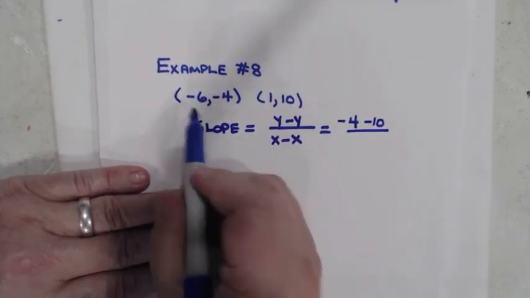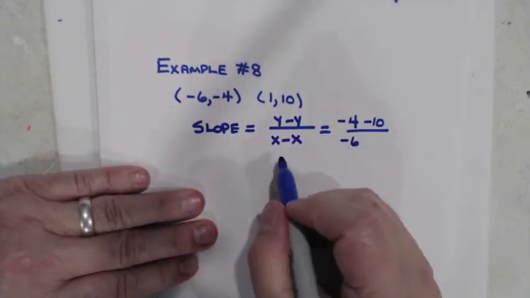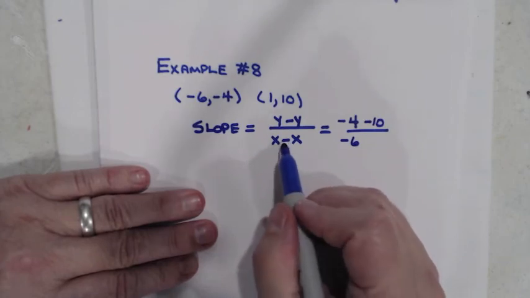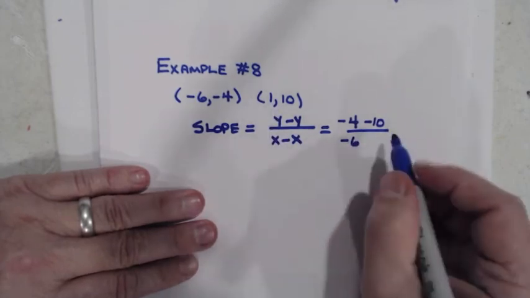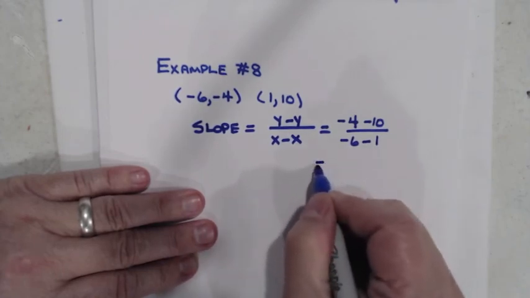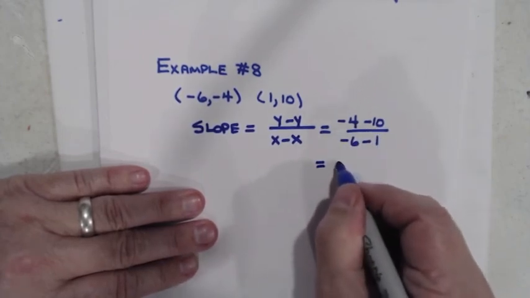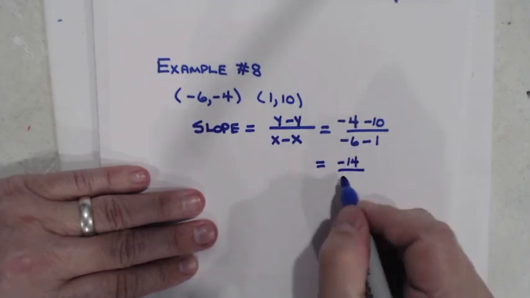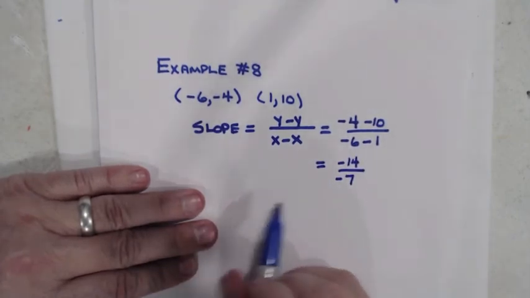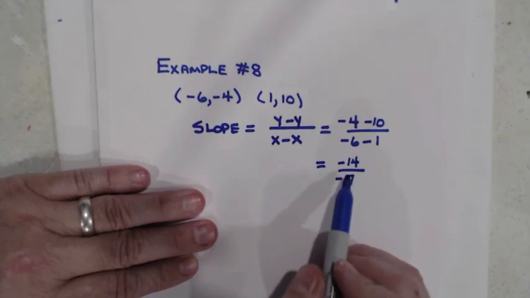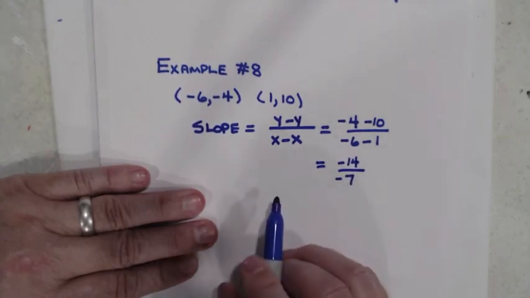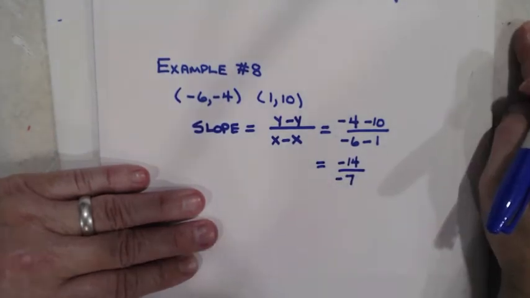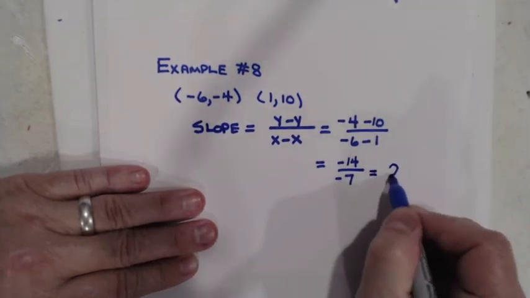My first x, -6. The opposite of my next x, -1. -4 minus 10, -14. -6 minus 1 is -7. When you can actually divide these numbers, then you write down a whole number. -14 divided by -7 is +2.